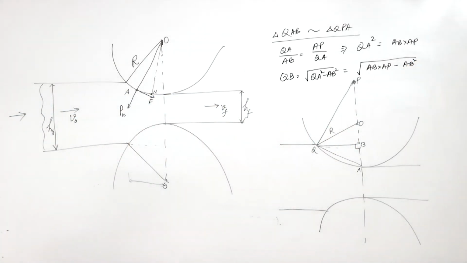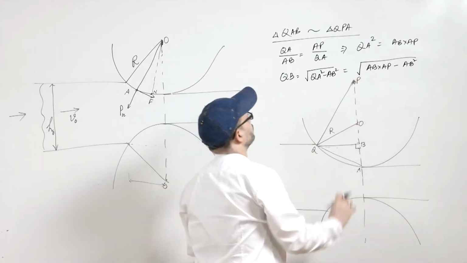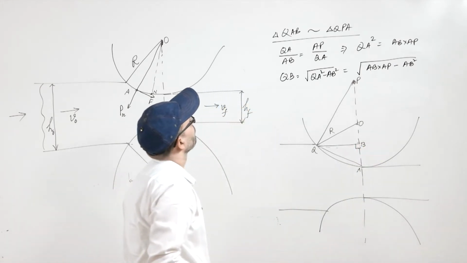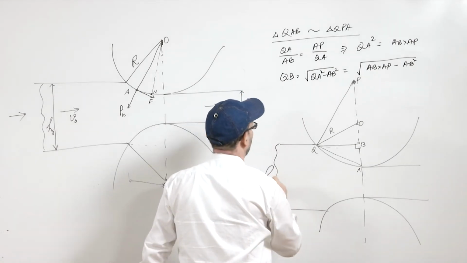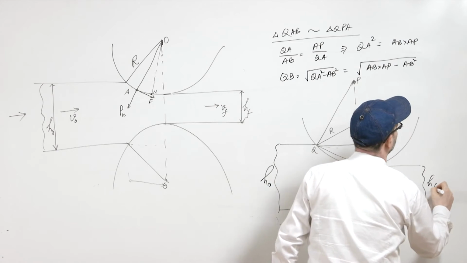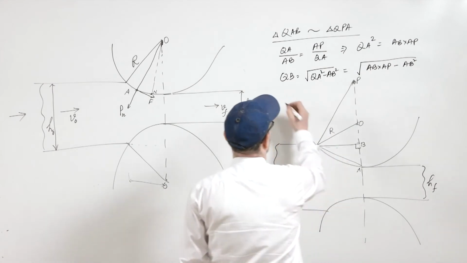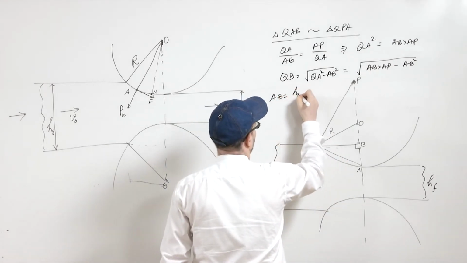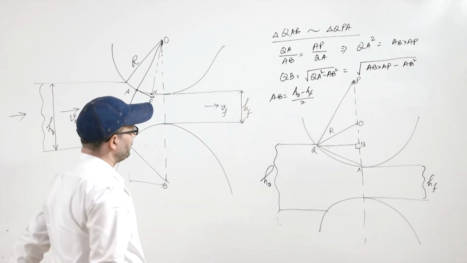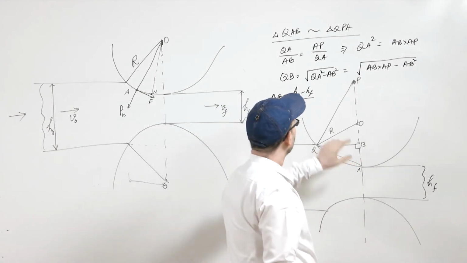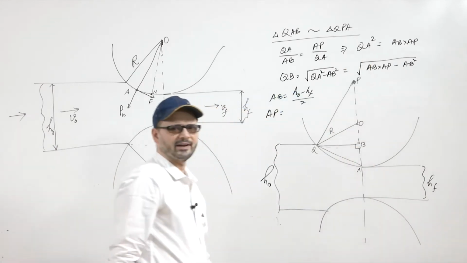Now look at the figure for AB and AP. This is the height h naught and this is the height h f. So AB is nothing but h naught minus h f by 2, and AP is 2 times the radius, so 2r.